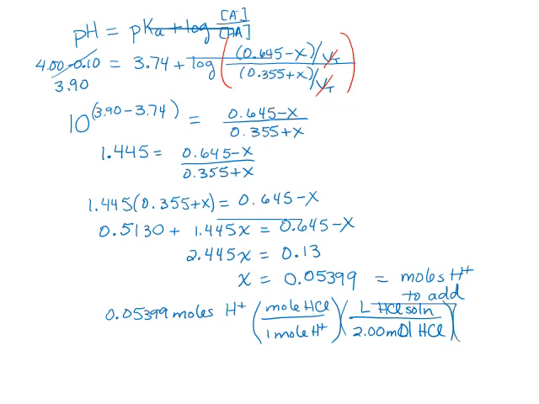And I'll go ahead and convert to milliliters. To find out that we're going to need to add 27 milliliters of the 2 molar acid solution in order to decrease the pH of our solution by 0.1 units.